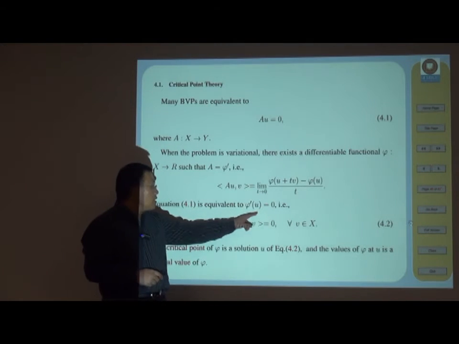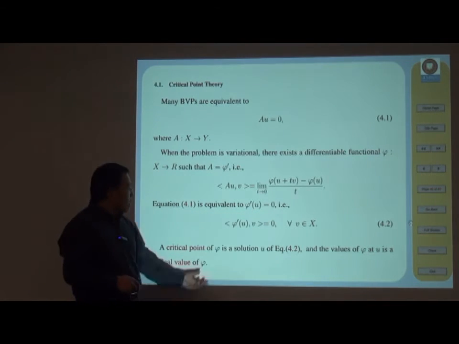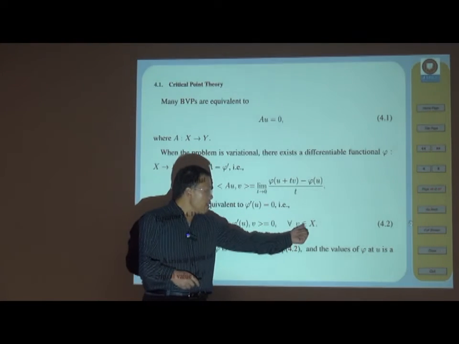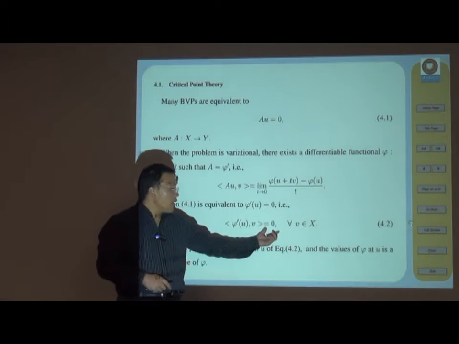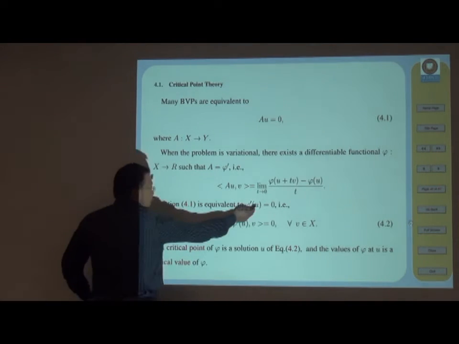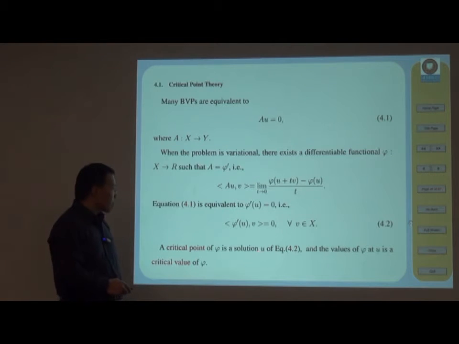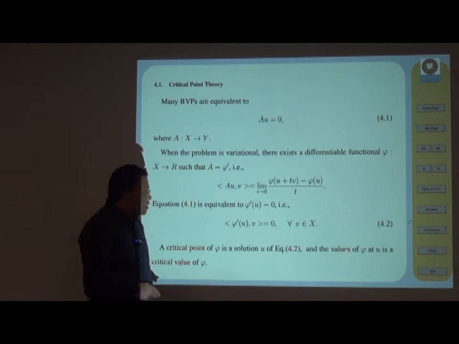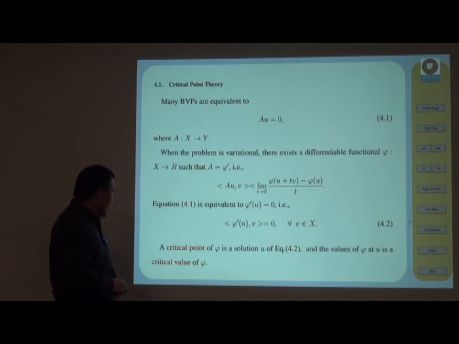Phi prime u equal to 0 means that for every v belonging to X, phi prime u v equals 0. When phi prime u equals 0, u is called a critical point of phi, and the value of phi at the critical point u is called the critical value of phi.